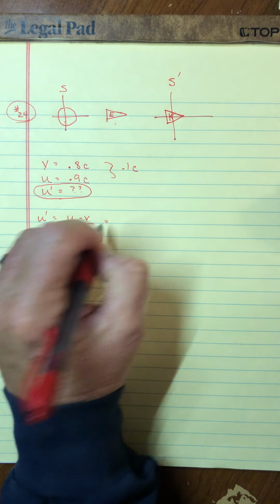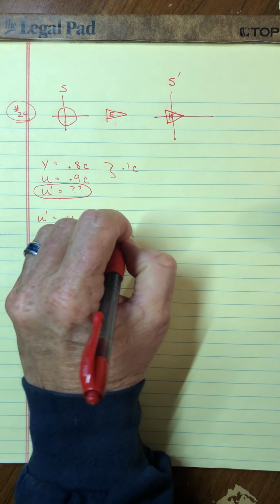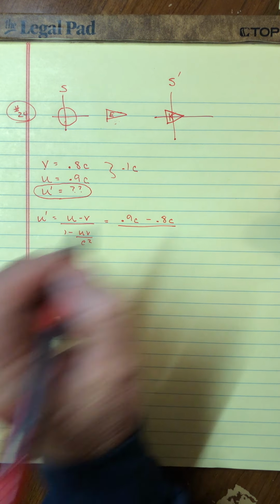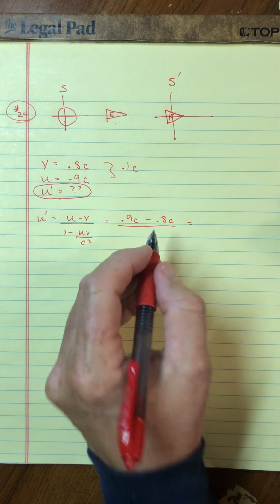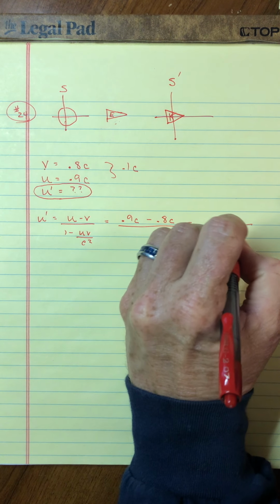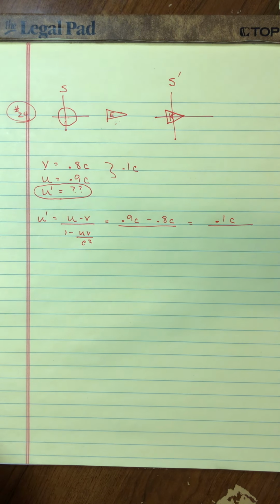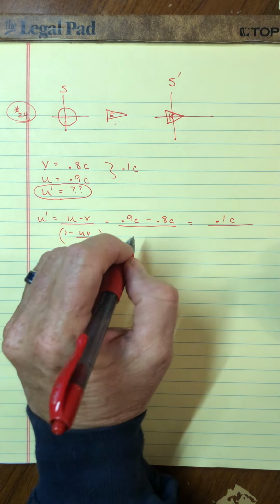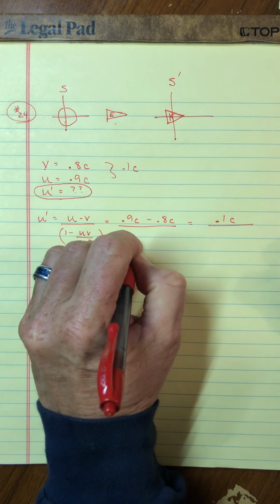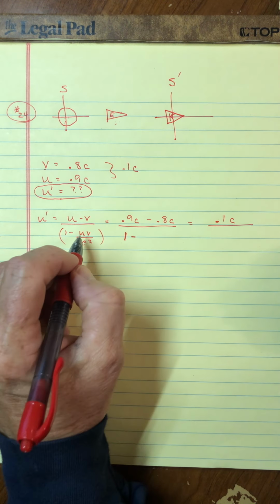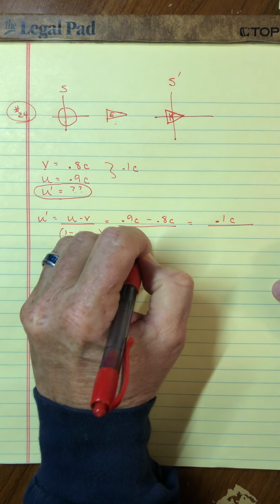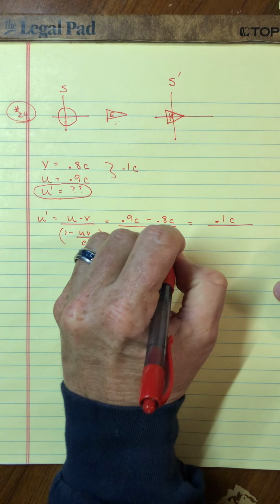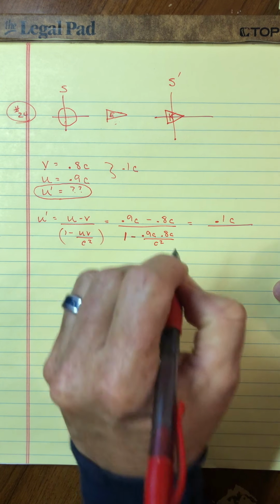All right, so the difference between them, so 0.9c minus 0.8c, which, by the way, is that 0.1c. So that's what we would get without length contraction and time dilation. But then we need to divide it by 1 minus, and so this would be the 0.9c, and this would be the 0.8c all over c squared.